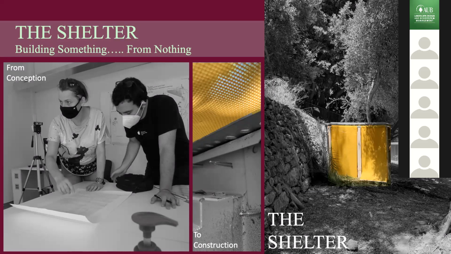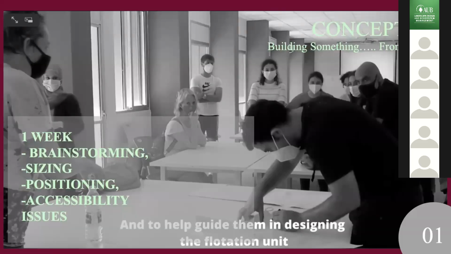As landscape architects, we had no idea what a flotation unit or a storage unit is. So part of that process was also to get introduced to these notions in order to understand what the final project is and what we're building. So this was part of what we had gone through. Next, please.